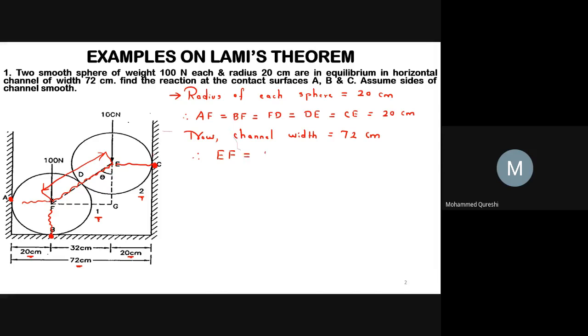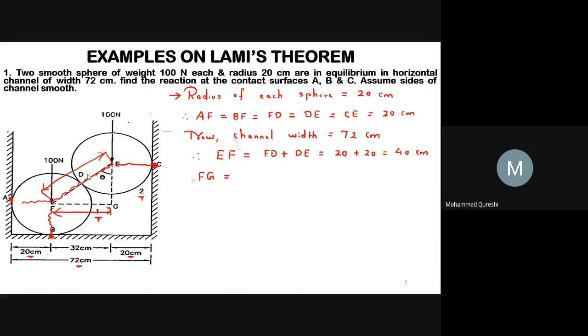So EF equals FD plus DE equals 20 plus 20, equals 40 centimeter. Now, we have to calculate the value of FG, means from here till here. One side is calculated by us, EF as 40 centimeter.